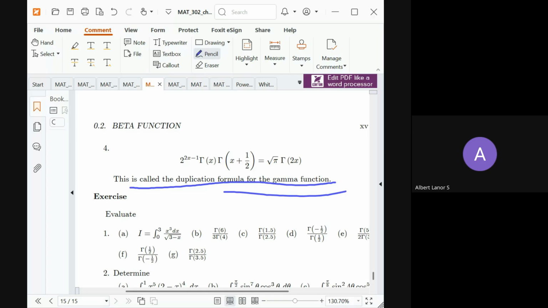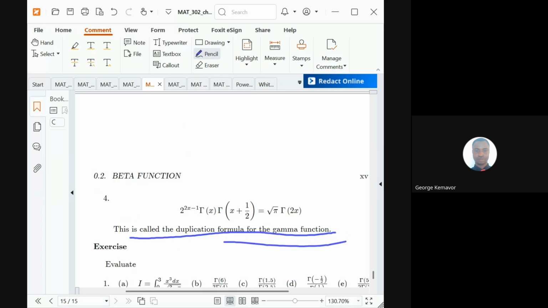Hello, Doc. Yes. Let me ask this question before you continue. When we were evaluating the beta function, I realized that the limits are from 0 to 1. Do we have a situation where we may have a different limit aside from 0, 1? Oh, normally the beta function is standard from 0 to 1.